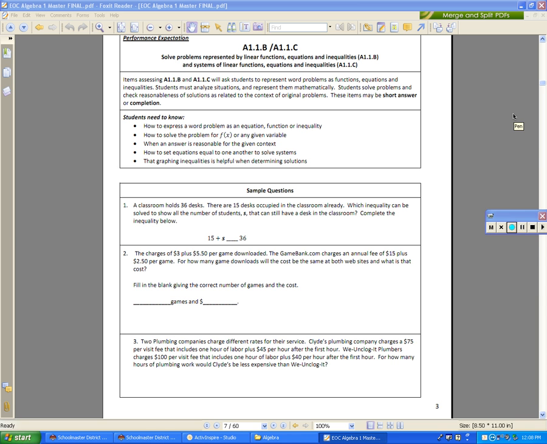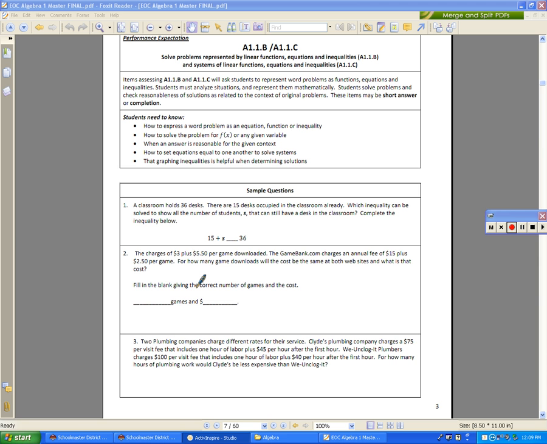So 15 plus S, they're occupied already, so it's less than or equal to. As the total number of students in there, for everyone to have a desk has to be less than or equal to 36, okay?